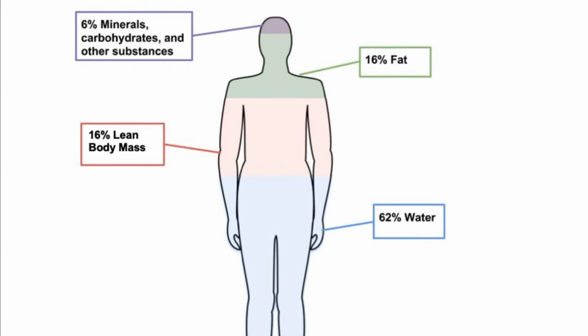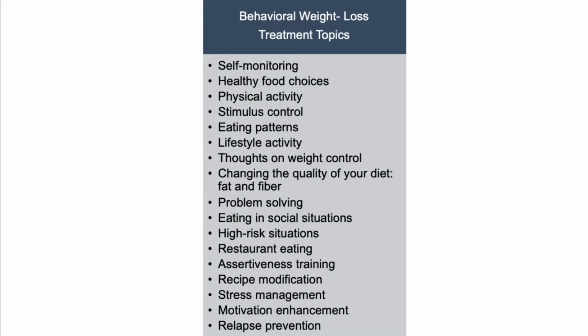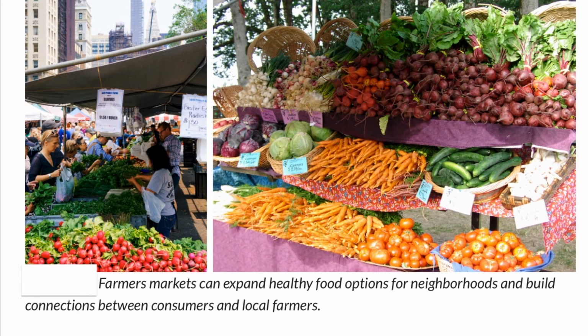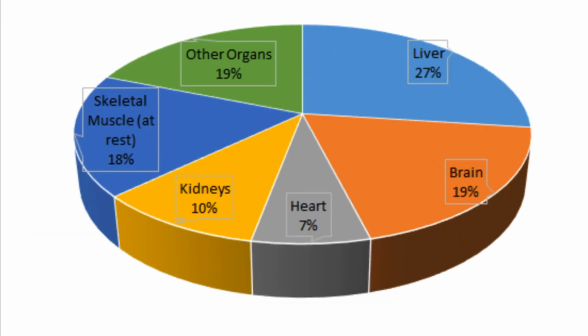There are many hormones that are associated with satiety, and various organs secrete these hormones, including the gastrointestinal tract, pancreas, and adipose tissue. Cholecystokinin, or CCK, is an example of one of these satiety hormones and is secreted in response to nutrients in the gut, especially fat and protein.